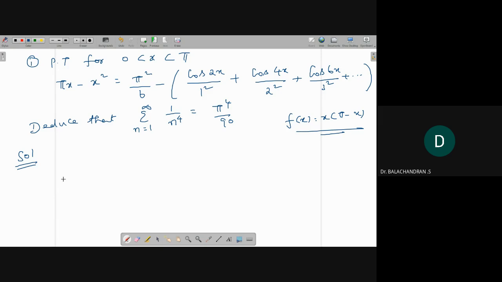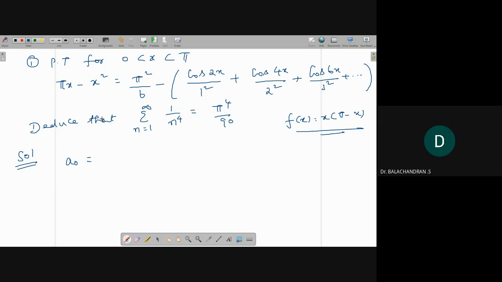What is A naught? Just now we solved it in the classroom. Pi square by 3.